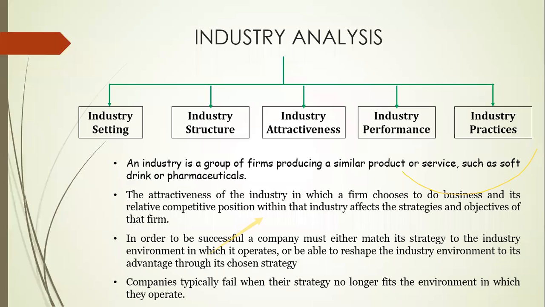Now, people like Adani and Ambani will be able to reshape the industry environment through their strategy. I mean, the way they would like to do business, they would like to change the rules and regulations of that particular industry, or make certain major changes in that industry, which may suit their needs or their chosen strategy.